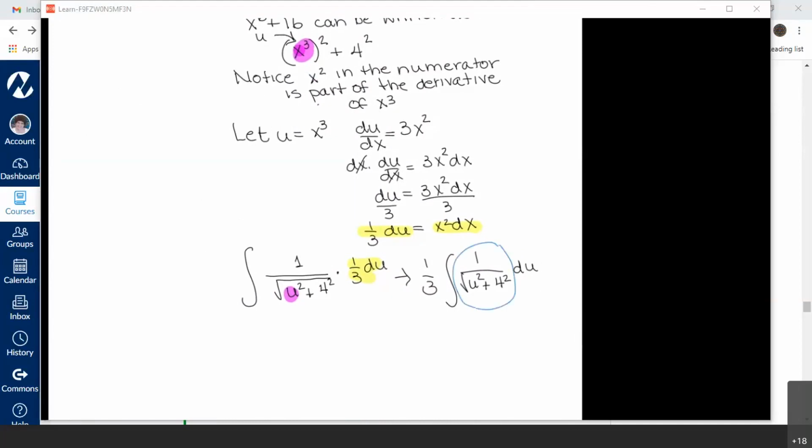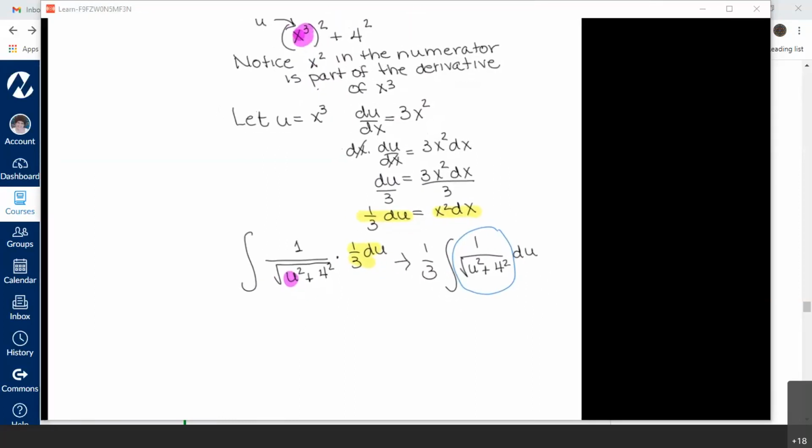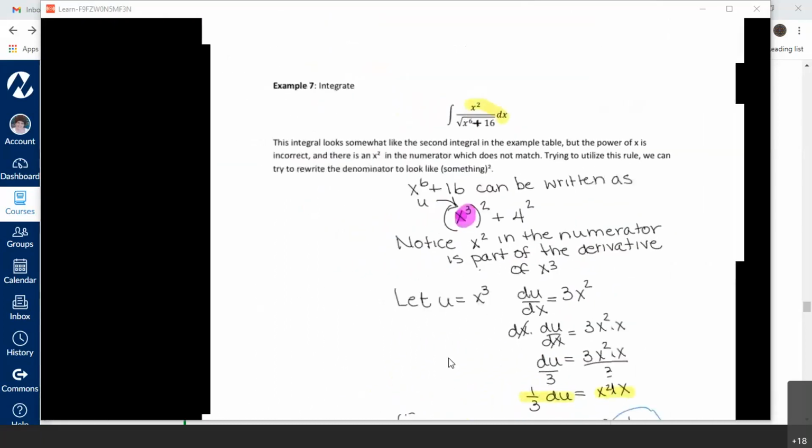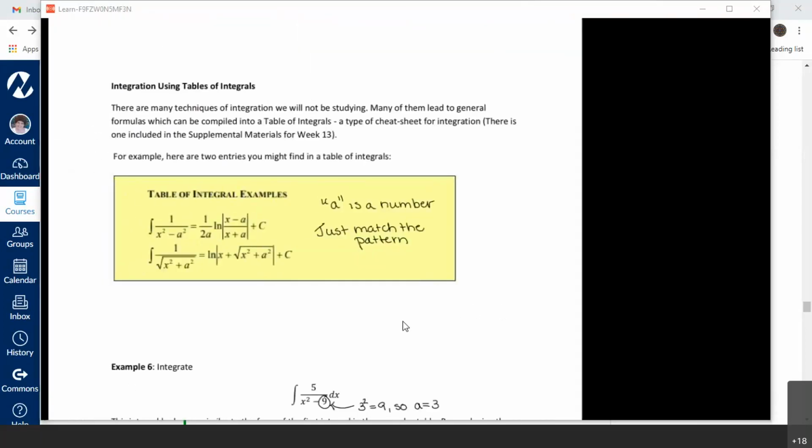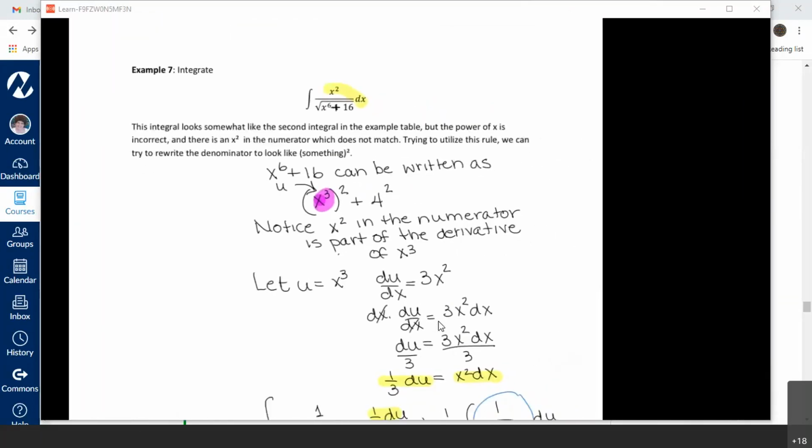And if I integrate this, according to the pattern, I want to show you the pattern again. It's ln, this is going to be u plus the square root of u squared plus a squared, plus c.